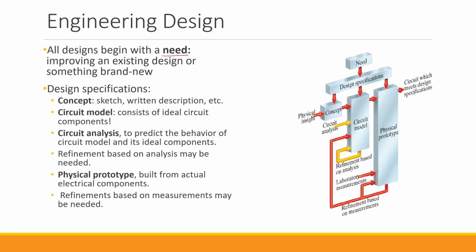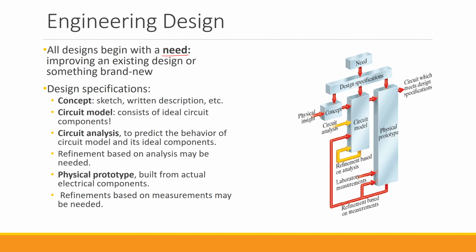After creating the circuit model, now is the time to do the circuit analysis and basically to predict the behavior of the circuit model and its ideal components. Depending on the result of the analysis, you may need to do some refinement so the output of the circuit model is closer to what you need.